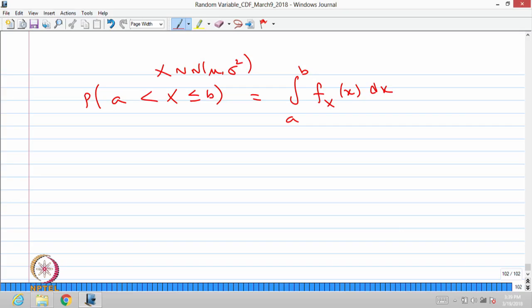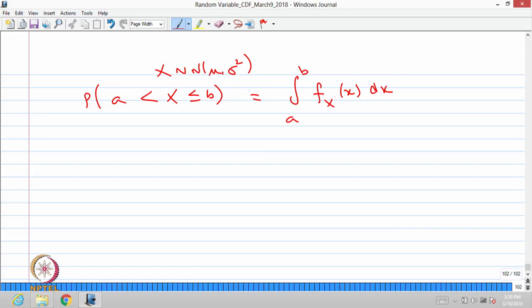This is very difficult to compute because the integrand is e power minus ((x minus mu) by sigma) whole square, so one cannot compute a closed form expression for this integration. That means you need a numerical integration to evaluate the probability that x lies between a and b.